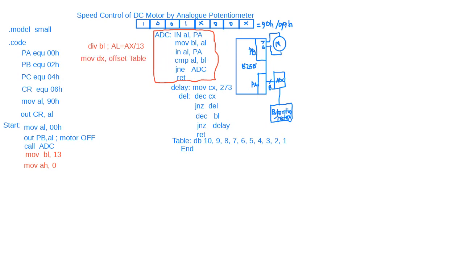So offset table, and then add. The scaled down value of ADC is in AL, right?